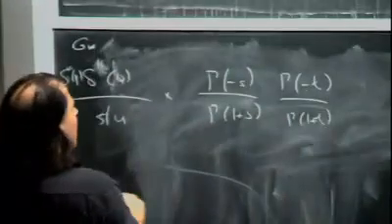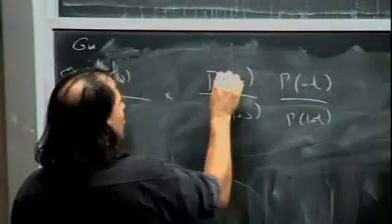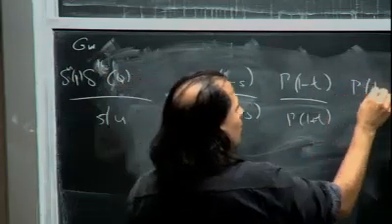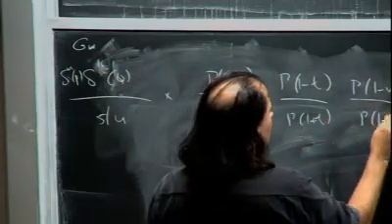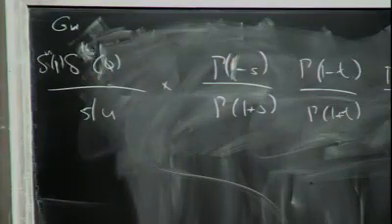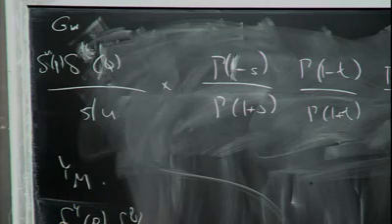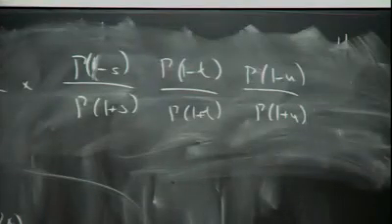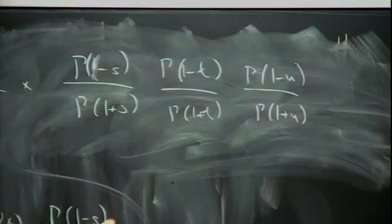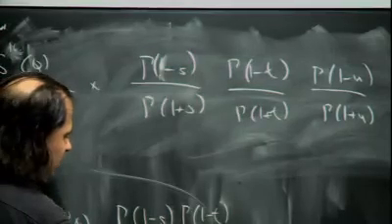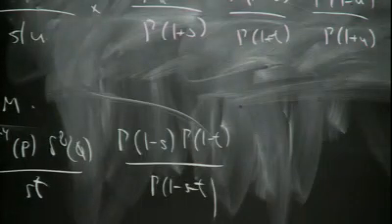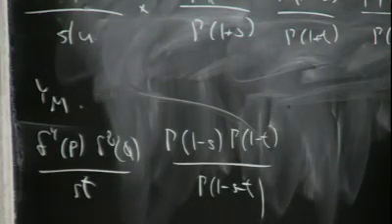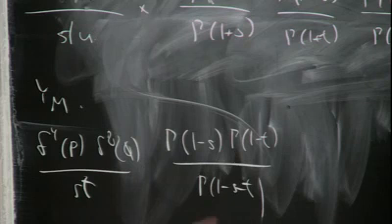If I put the STU down there, it's gamma of 1 minus S, 1 minus T, 1 minus U, over gamma of 1 plus S, 1 plus T, 1 plus U. And for the Yang-Mills case, there's delta 4 of P, delta 8 of Q over ST times gamma of 1 minus S, gamma of 1 minus T over gamma of 1 minus S minus T. Those are the open and closed string amplitudes, with maximal supersymmetry.